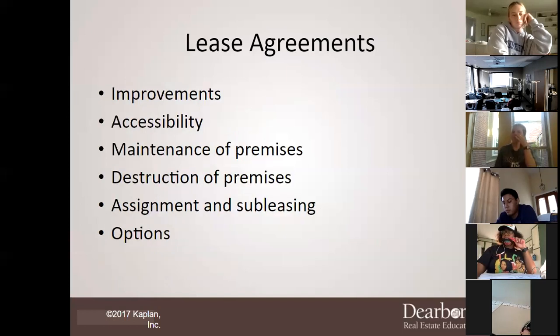All right, moving on. Improvements. I think these are more for a valid lease. Any improvements done to the property, accessibility for handicapped people, needs to be accessible sometimes. Maintenance of the premises.